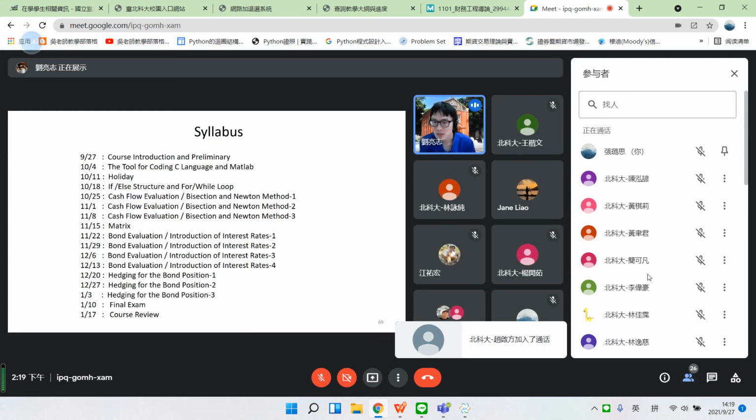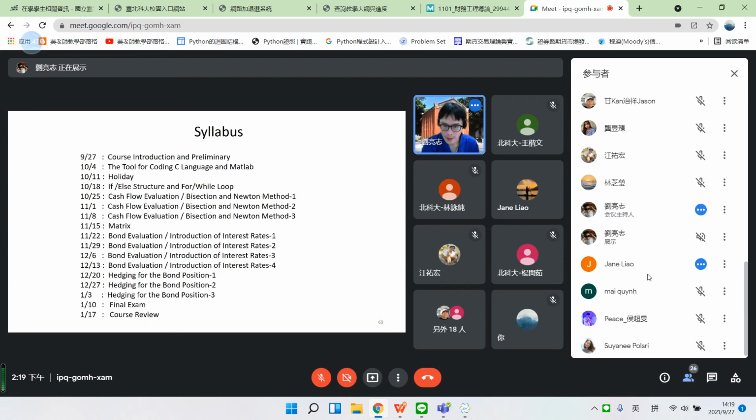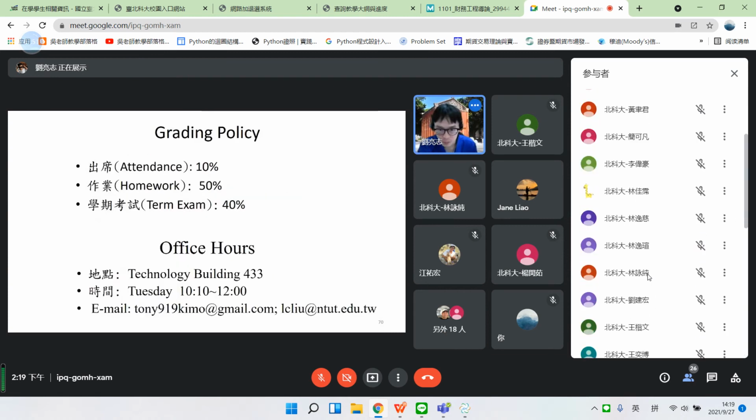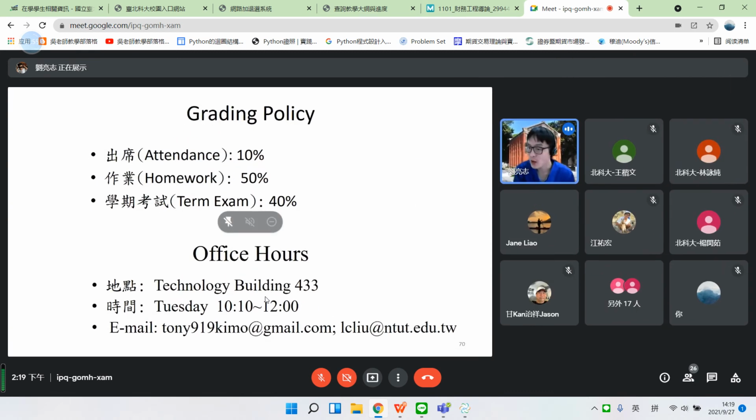This is a tentative course syllabus. But most importantly, this class will have one term exam, and my grading policy contains attendance and homework.